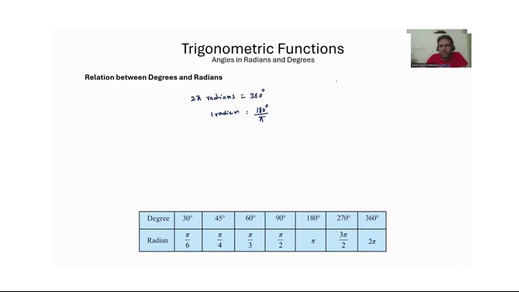And similarly, from here, if 360 degrees equals 2 pi radians, then what is 1 degree? 1 degree equals 2 pi by 360. You following, guys? 2 pi by 360 radians, or 1 degree I can say pi by 180.